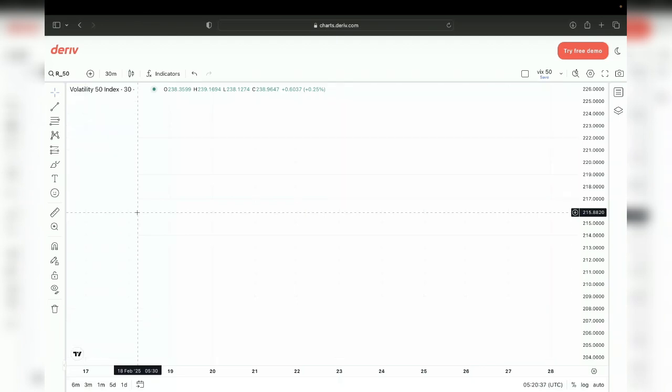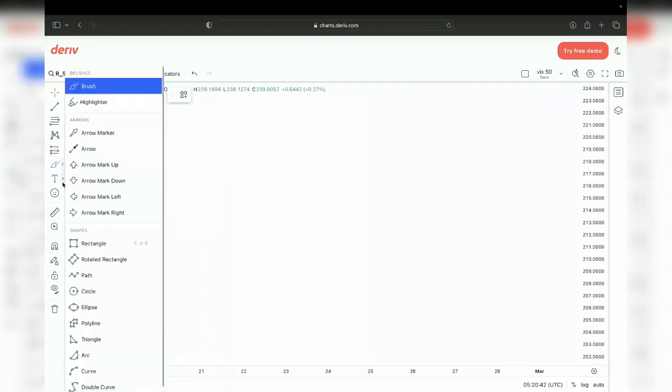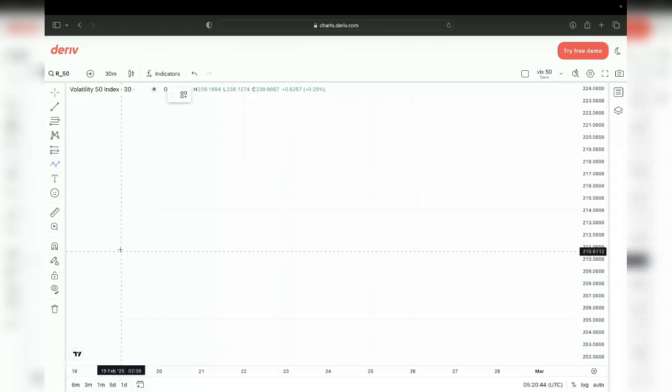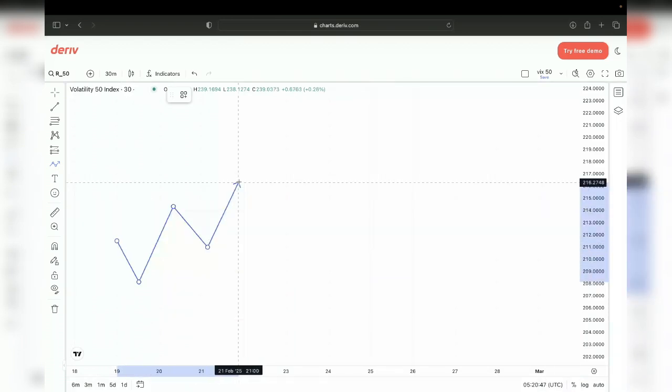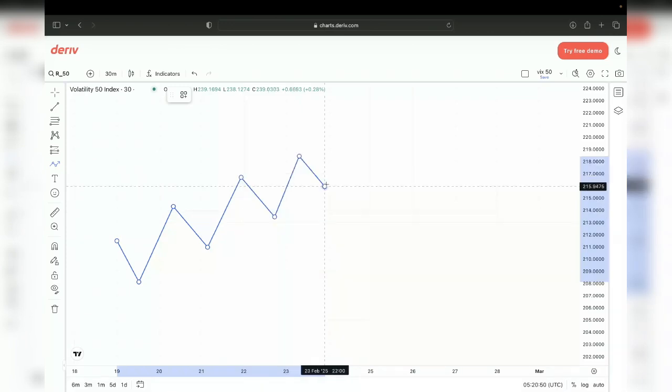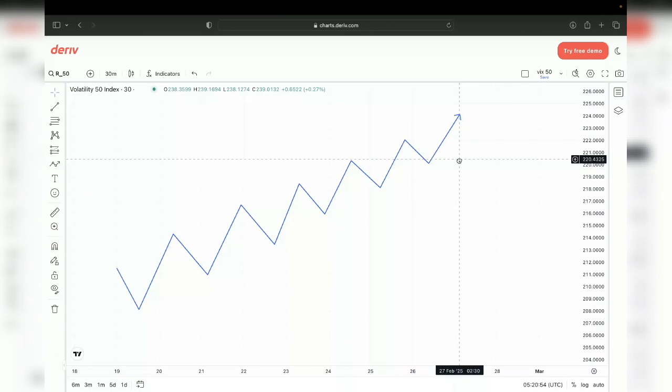So basic market structure, from what Steven has told you, is just a simple break of structure internally. This is considered the normal basic market structure.